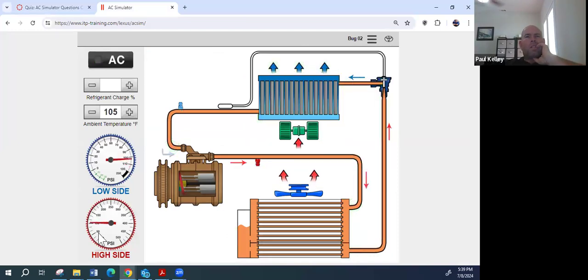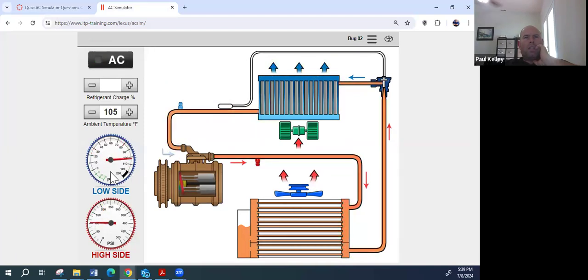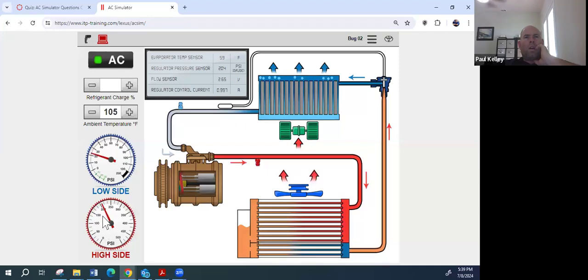Bug 2. This has different numbers, 105 outside. Ooh. And turn the AC on. And I definitely saw some action there. So with it off, we got these static pressures. With it on, we got these running pressures. 200 on the high, 22 on the low.